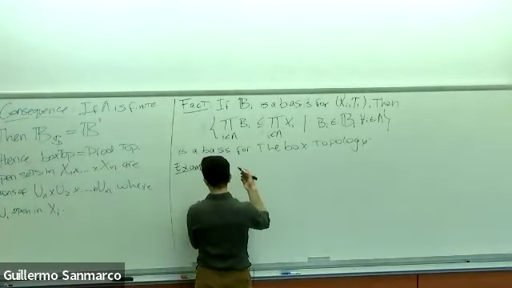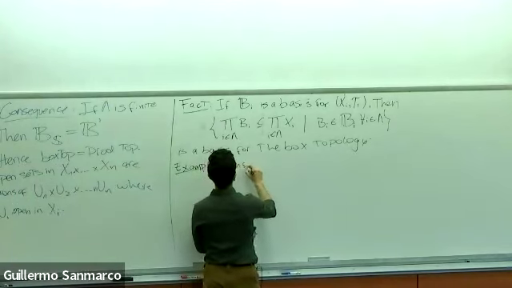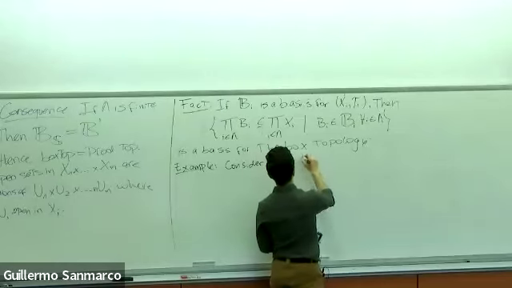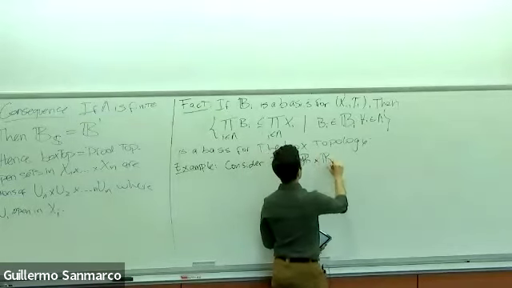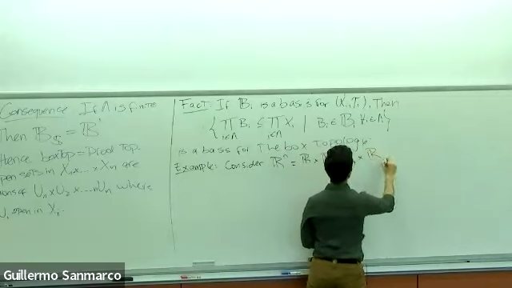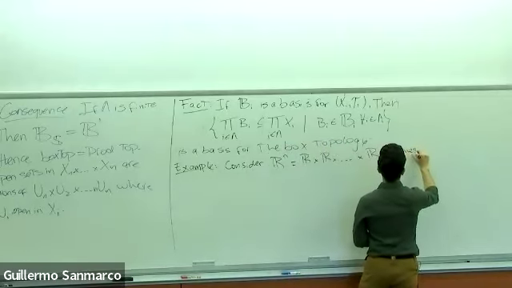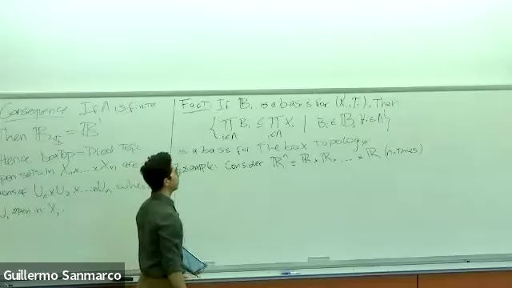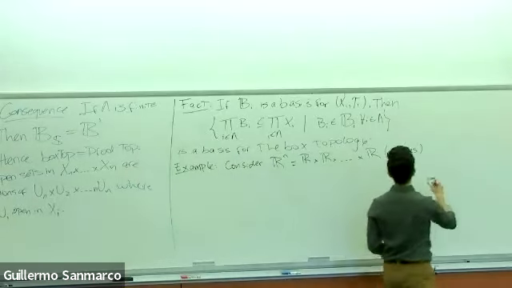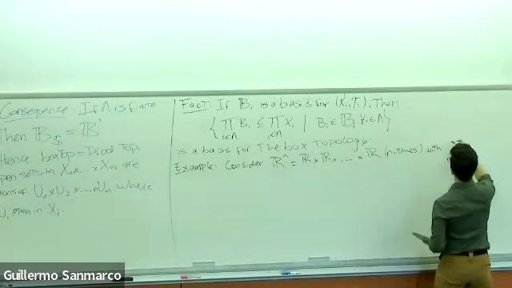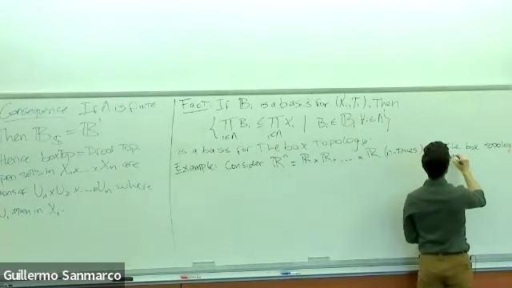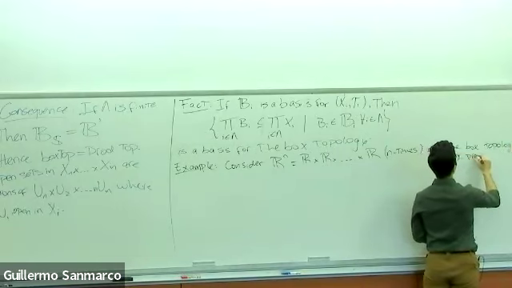As an example, consider R to the n, which is just R times R times R, n times, where we have the standard topology with the box topology, which is the product topology, because we have finitely many.